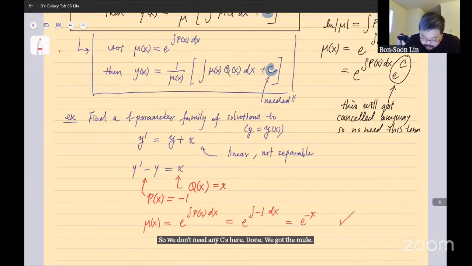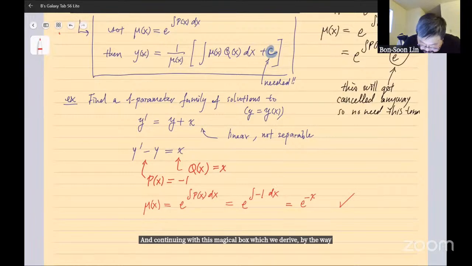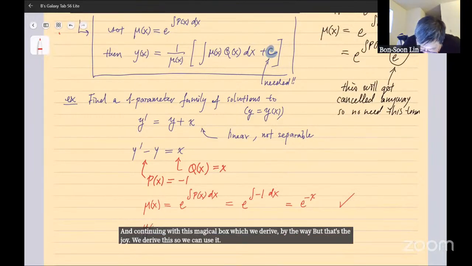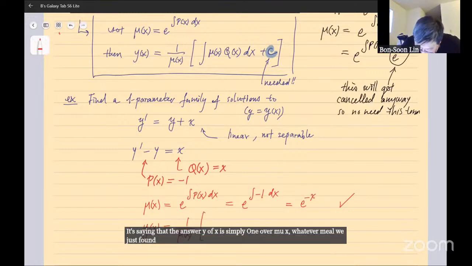And continuing with this magical box, which we derived, by the way, but that's the joy. We derived it so we can use it. It says that the answer y of x is simply 1 over mu of x, whatever mu we just found, times the bracket integral of mu of x times q of x dx, and don't forget the plus c, which is important here.